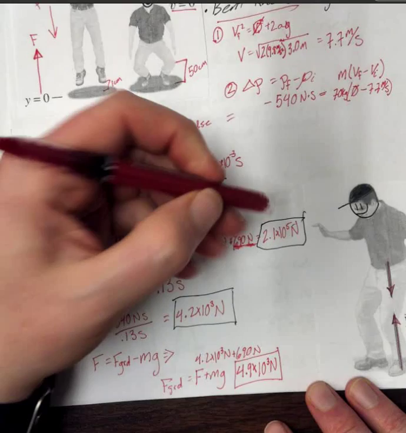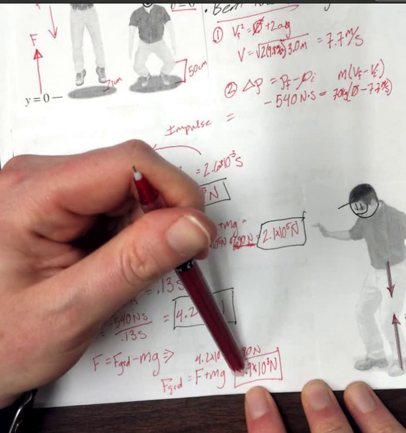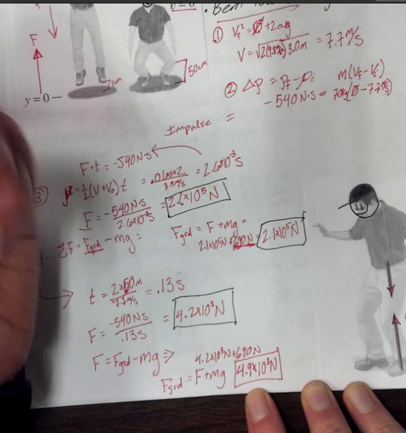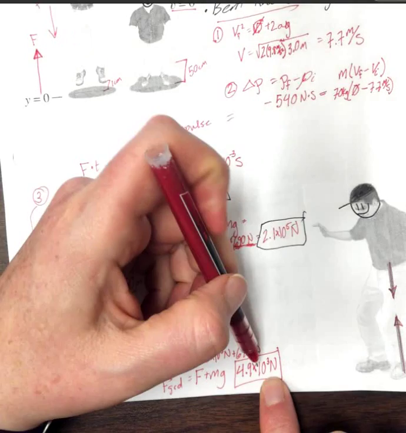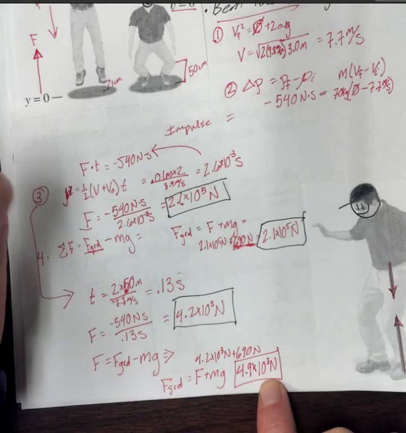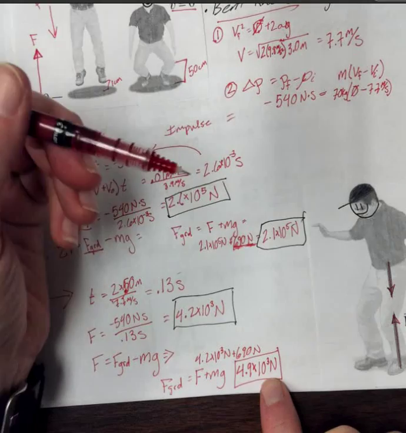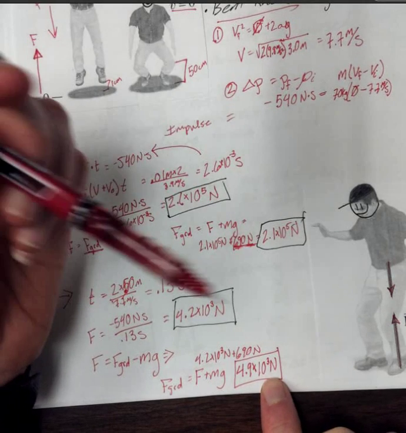Here we have 210,000 newtons, here we have 4,900 newtons. If you think about the difference between that, it's so notable that the force on the feet and the legs is much less in the bent knee situation, to the point that the structural integrity of your legs is actually not enough to withstand the straight-legged force.